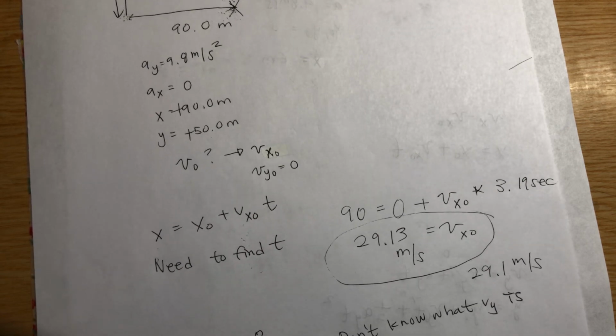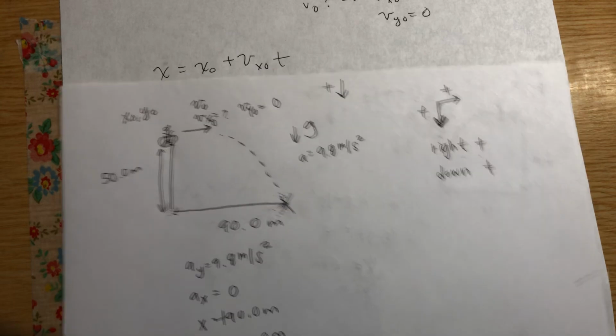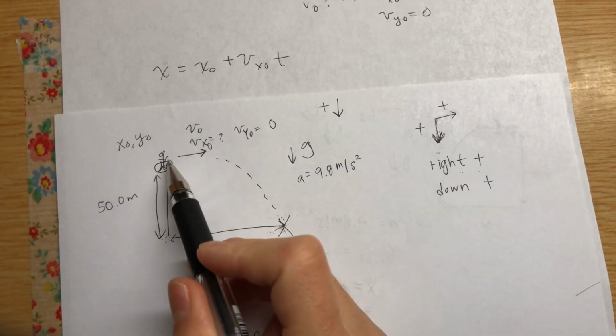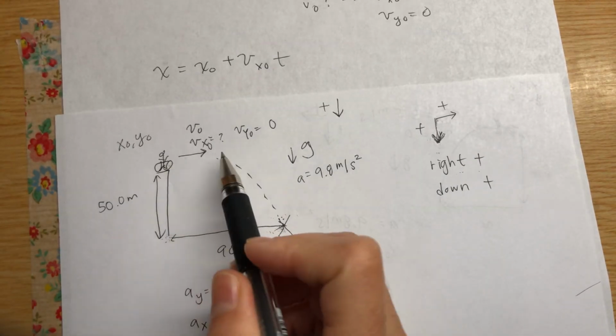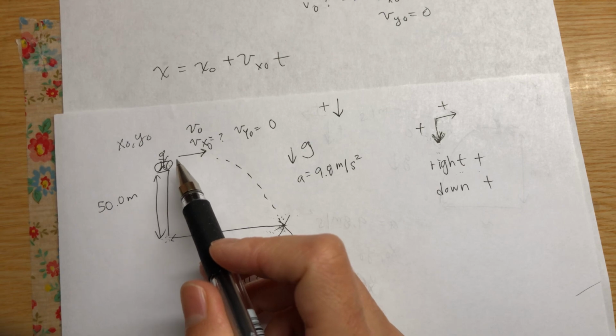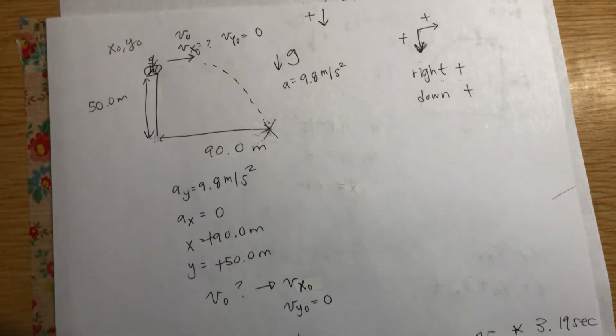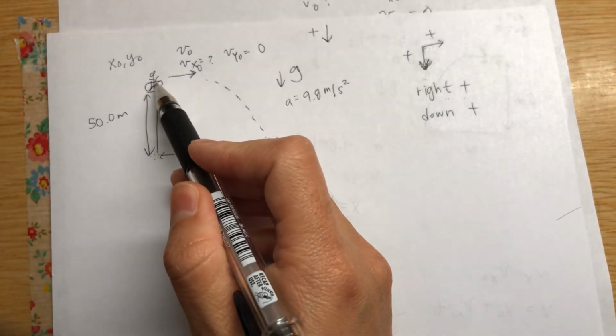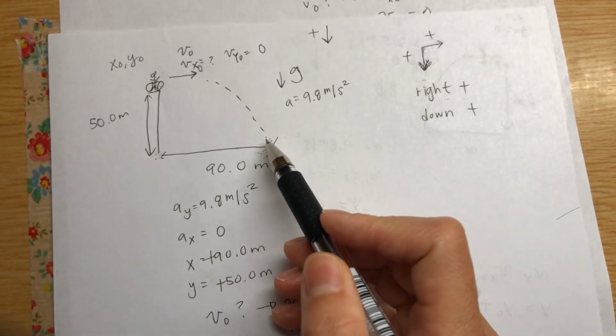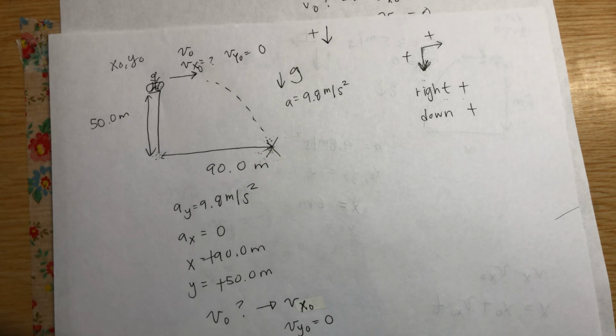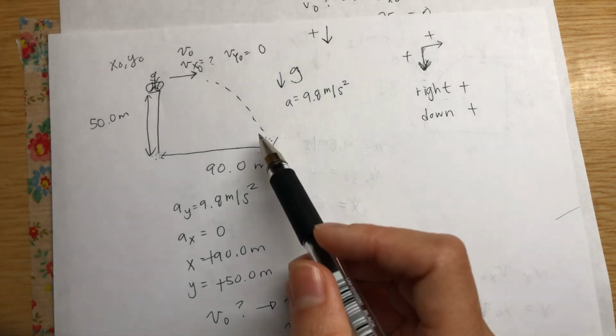Okay, so there, we found the answer. The motorcycle must have a horizontal speed of 29.13 meters per second for him to reach where the cameras are.